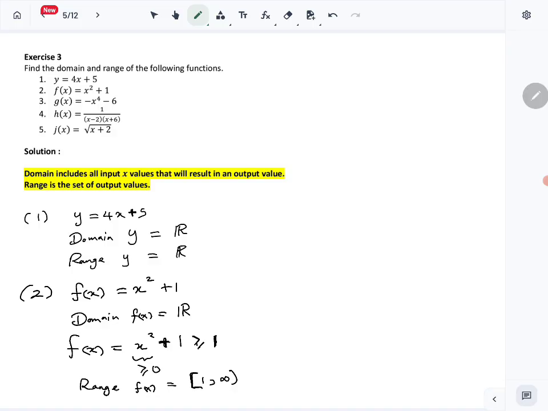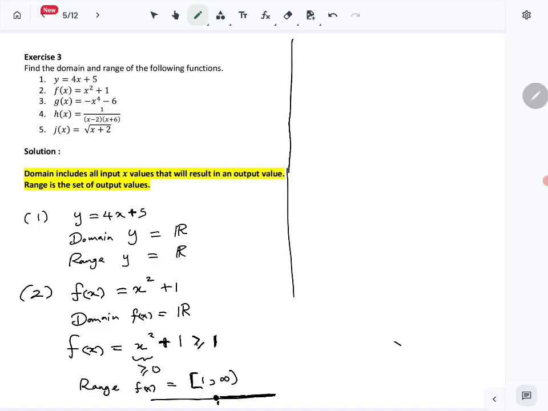I wrote it in interval notation that we will learn later on. So on a number line, it's going to be what? You mark 1 with a colored circle or colored dot and color the right hand side. So everything greater than or equal to 1 works as the range, right?